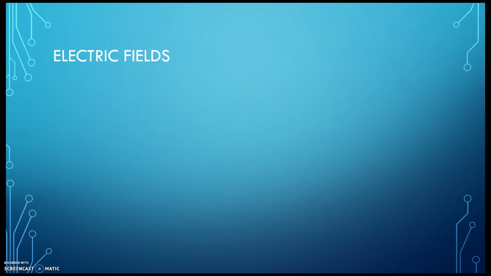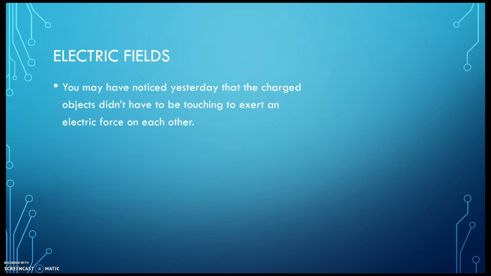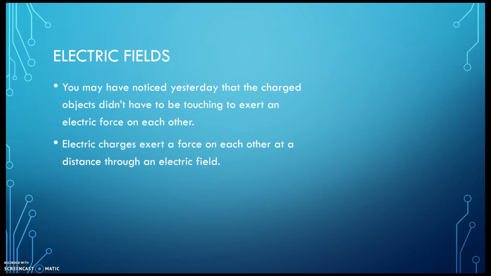So let's look at a little bit about electric fields. You may have noticed in some of the videos that the charged objects, like the piece of PVC pipe, didn't have to be touching something else, yet it still exerted that electric force on another object. It still caused it to move towards it or move away from it.